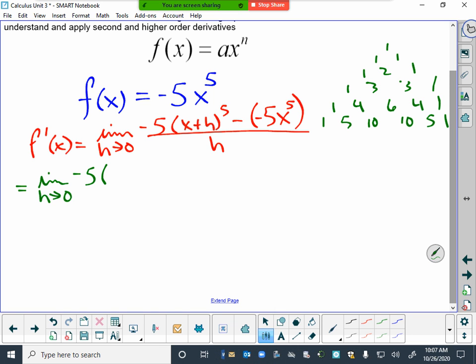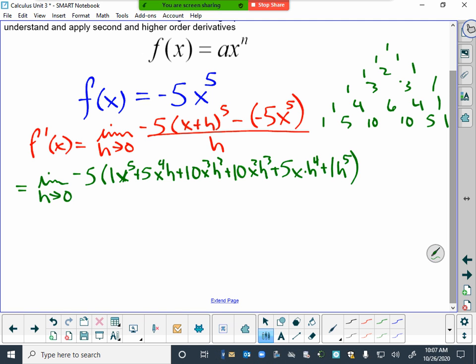It gives me what my coefficients are going to be, so I'm going to have a 1 x to the 5th, because this was a 5th power, so all x's and no h's in the first one, plus 5 x to the 4th h, plus 10, that's 3 x's and 2 h's, and a 10 again for 2 x's and 3 h's, and a 5 for 1 x and 4 h's, and a 1 for no x's and all h's, plus 5x to the 5th, all over h.